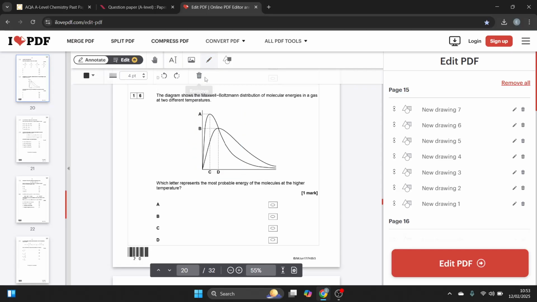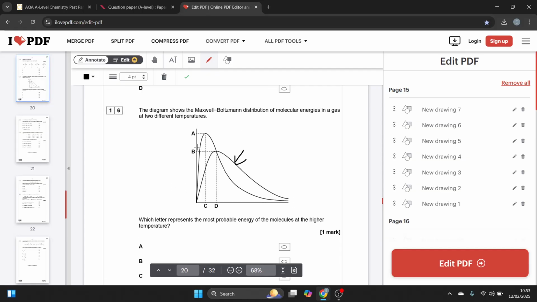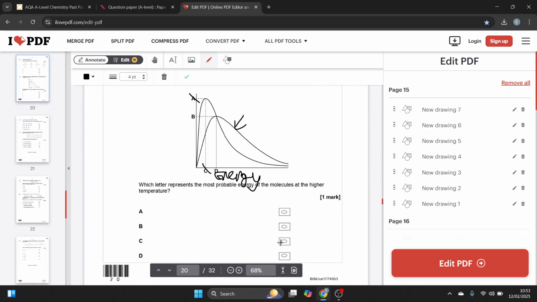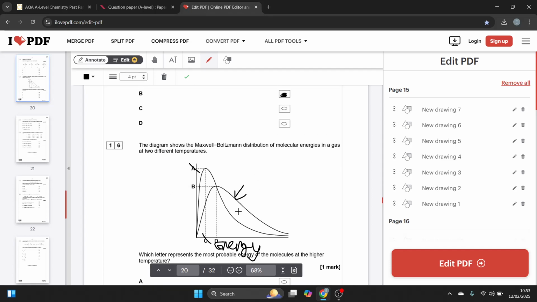You just have to memorize that. So the high temperature is actually this one. So it can't be A or C. So I'm left with B and D. Energy is on the x-axis, so therefore it must be D, the most probable energy of the molecules at the higher temperature.